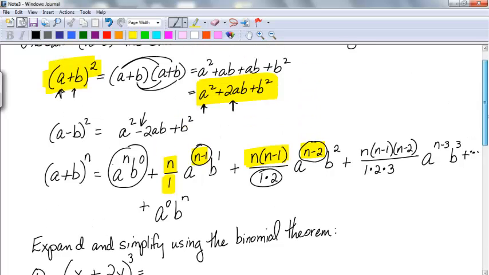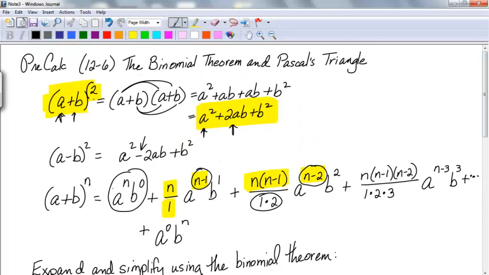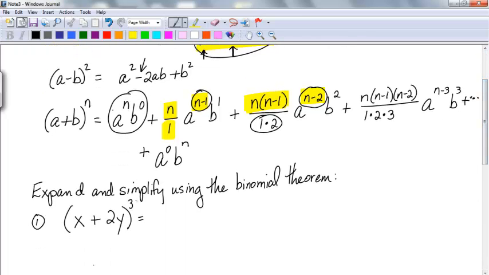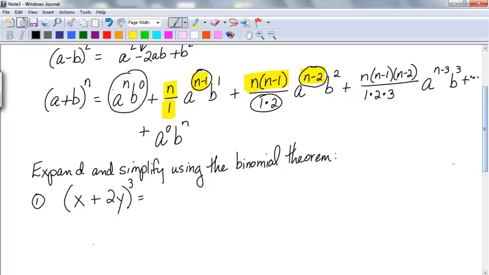On the original up here, if this was to the second power, how many terms did we have in our answer? 3. One more than that exponent. So if this is to the third power, how many terms am I going to have? 4. If it was to the 19th power, I'd have 20 terms. There's always going to be one more term than that exponent.